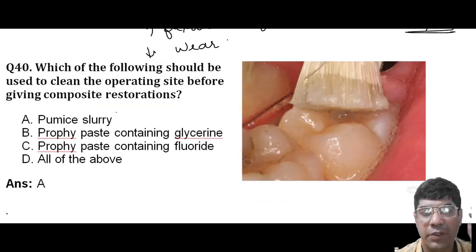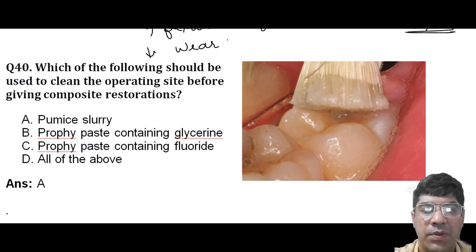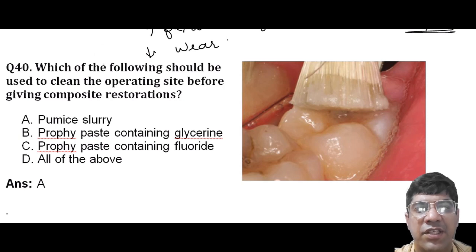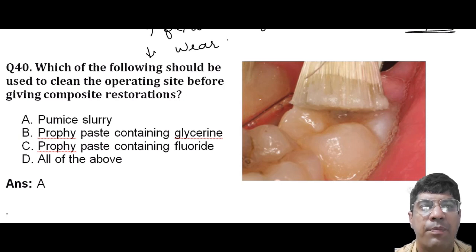Which of the following should be used to clean the operating site before giving a composite restoration? Before the insertion of composite restoration, it is common practice to clean the operating site with pumice slurry.